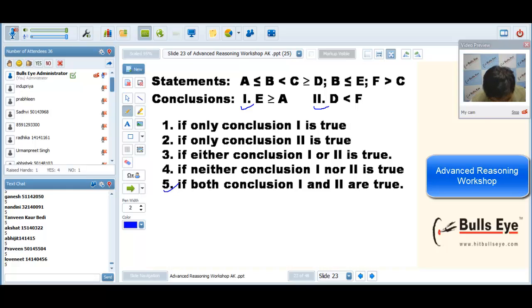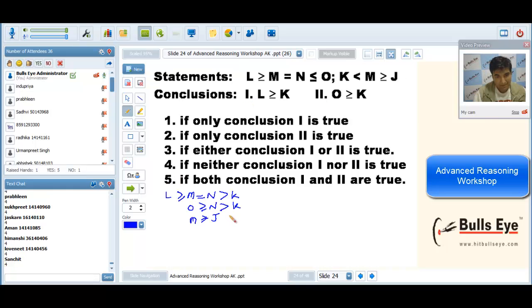We go to the next question now. People, I think most of you got it correct. Answer is neither of the conclusions follow. That is the fourth option. Any problem with anybody? Can we go to the next question?